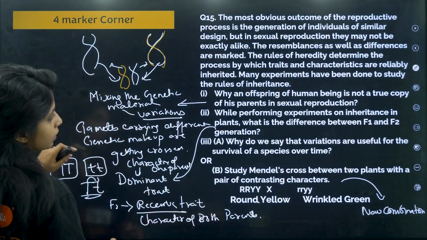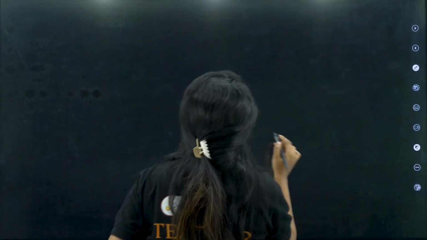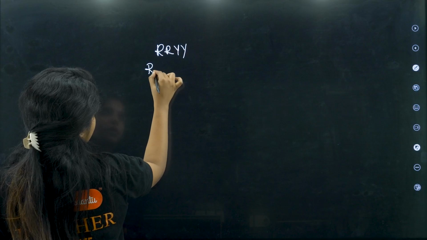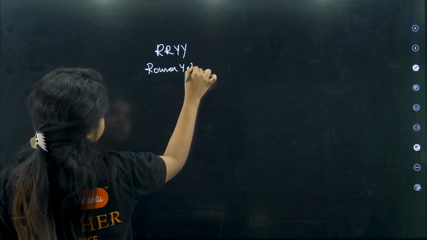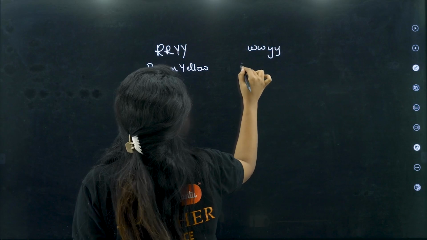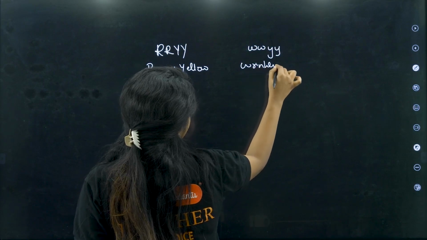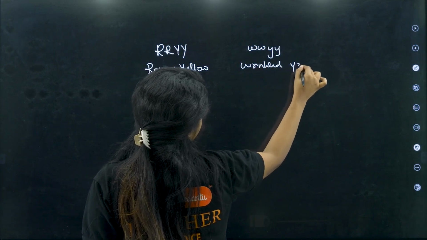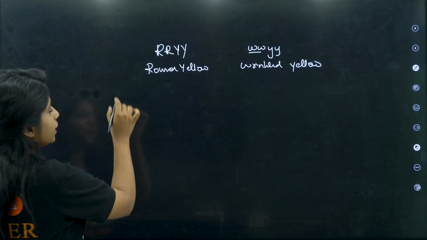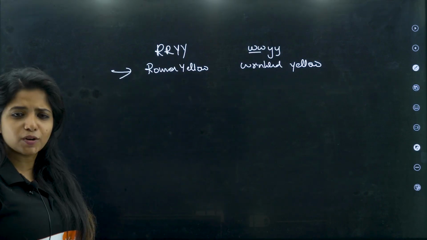Over here I will make it for you. Just give me a second. So you have capital R, capital R, capital Y, capital Y, that is round and yellow, and small r, small r, small y, small y, wrinkled and green.